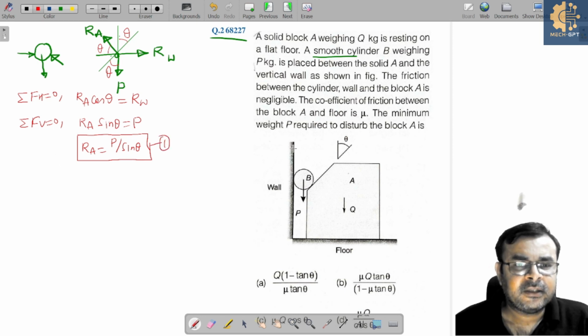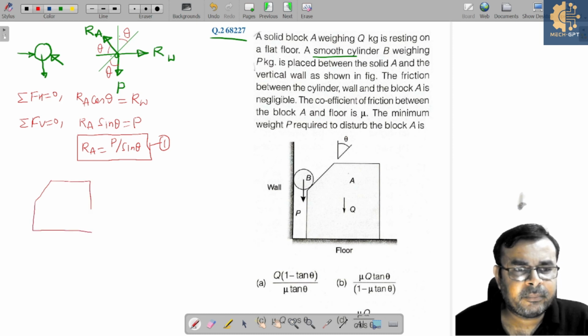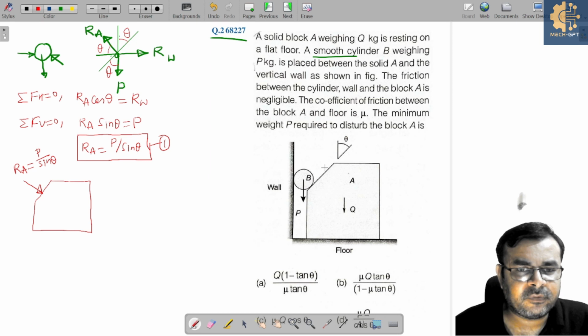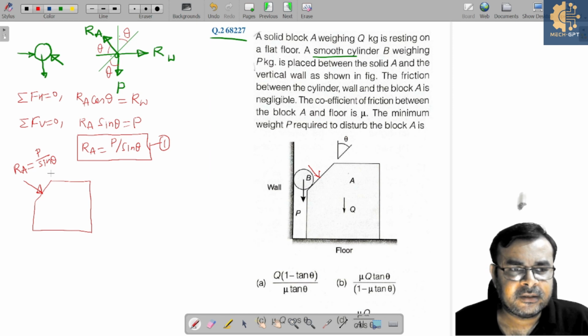After getting Ra, so simply you can say if I draw a block which is looking like this, is a block, is it clear? And this Ra is acting somewhere here like this, yes or no. This is Ra whose value is P over sin theta, which is perpendicular to this surface, yes or no. Is it clear?